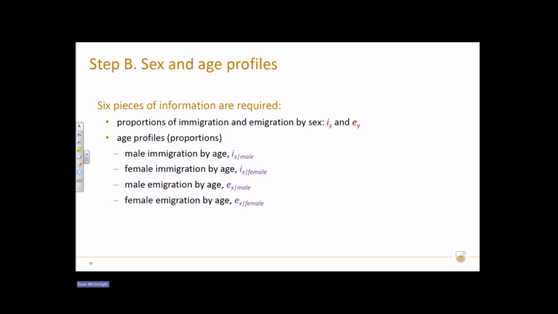At the time, it wasn't my problem. That's another problem to solve later on. Okay, so that gave us the levels of in and out, or immigration and emigration. And then the other things I needed were these proportions: four different age profiles, and two simple proportions by sex, male and female.